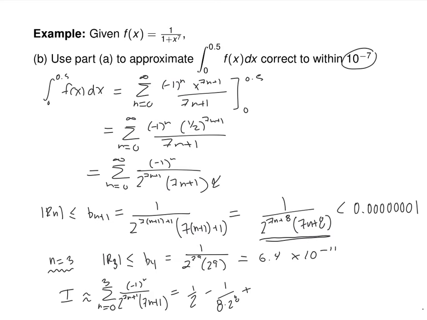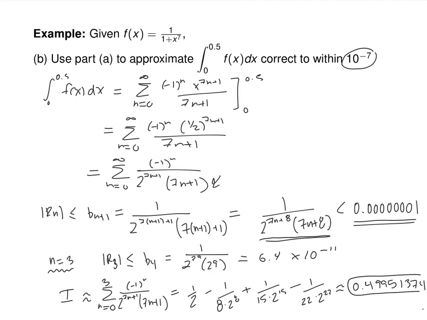Plugging in 2, we have 1 over 15 times 2 to the 15th. And plugging in 3, we have 1 over 22 times 2 to the 22nd, which is about equal to 0.4995137. What's kind of amazing is you only need 3 terms to get what I would consider quite good accuracy. If you add in very many more terms, you're going to have amazing accuracy.